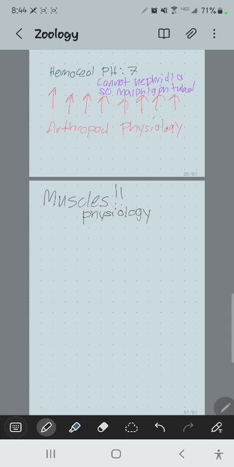So obviously muscles, or the ability to move, is a major thing for animals. Even from the very beginning, when we looked at Cnidaria, the jellyfish and the anemones, they have muscles.